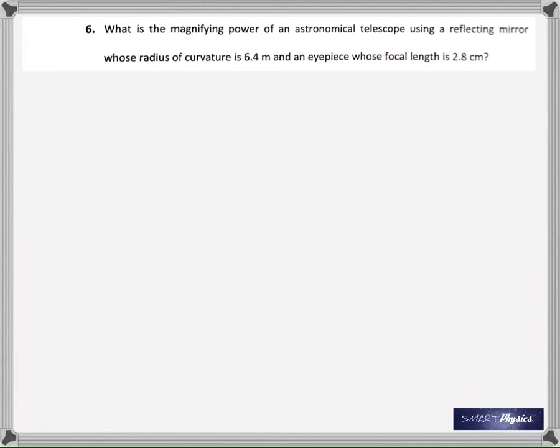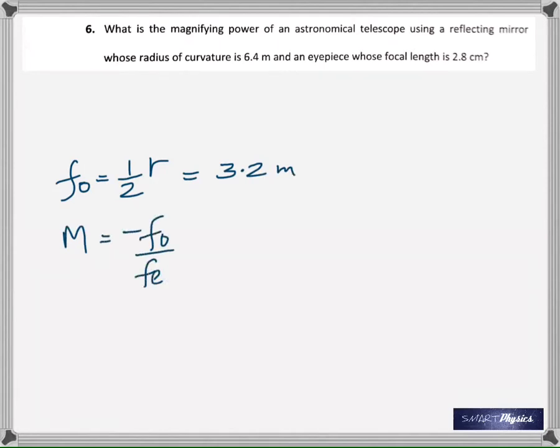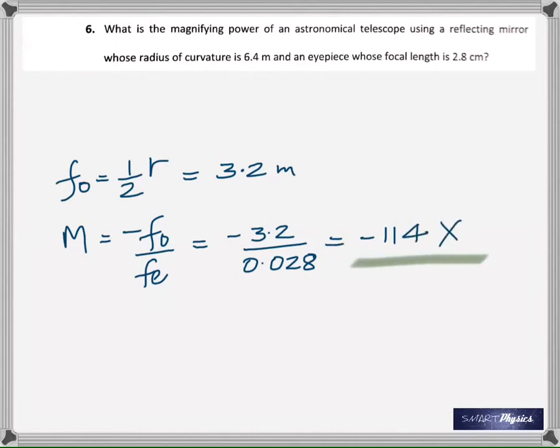Oh, this is like a joke, because if the radius of curvature is given, the focal length is 1/2 of that, so it's 3.2 meter. And then you have the focal length of the eyepiece directly given, so just find the magnification as we've done before. It's 114 times. That's it.